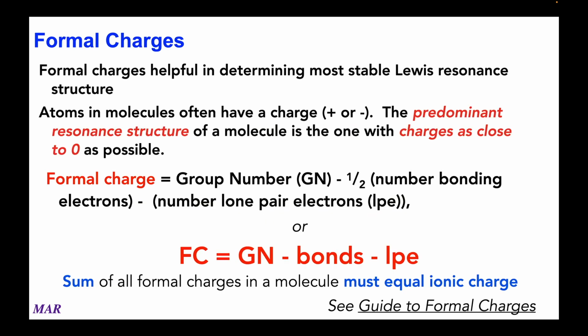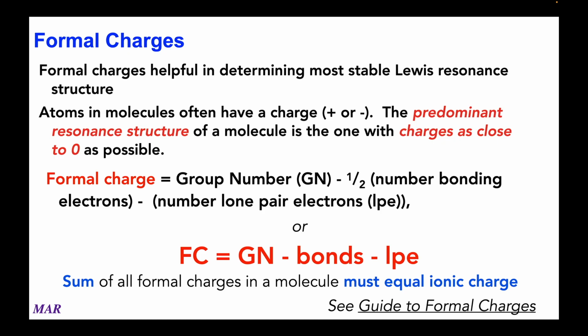When it comes to resonance structures, sometimes there will be a question as to what is the better resonance form. And better here means more stable, okay? And chemists use what's called a formal charge to determine the most stable Lewis resonance form. And these can be actually pretty helpful. Now, formal charges are a little bit weird, but it is a powerful tool in the chemist's arsenal when you're creating a Lewis structure, so it's cool to think about.